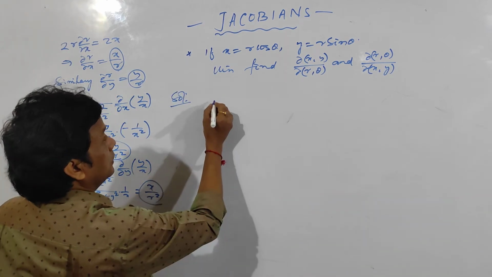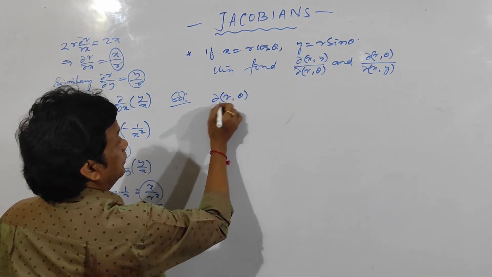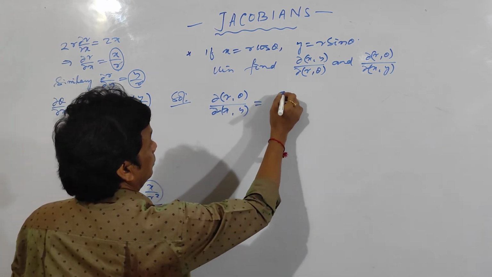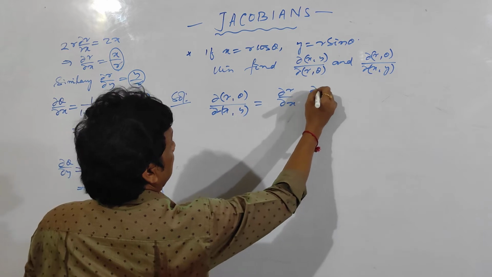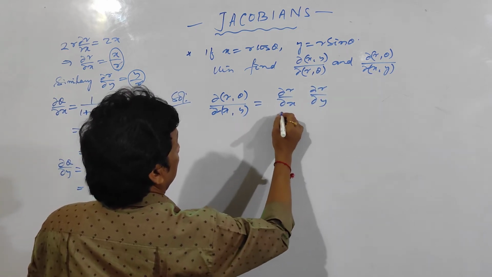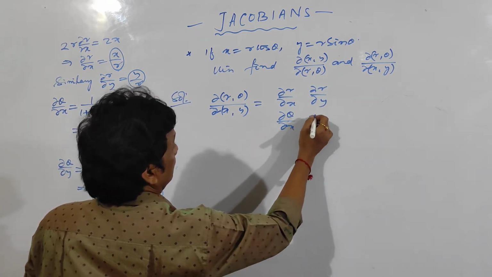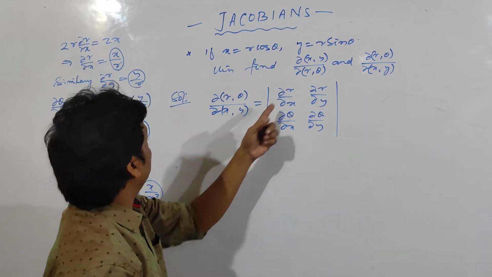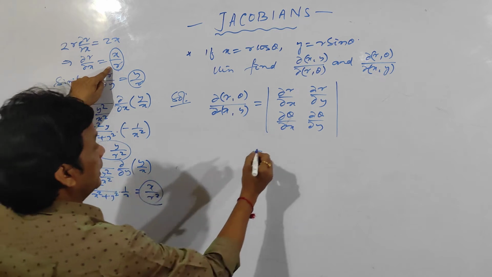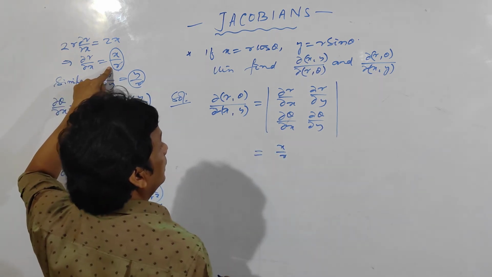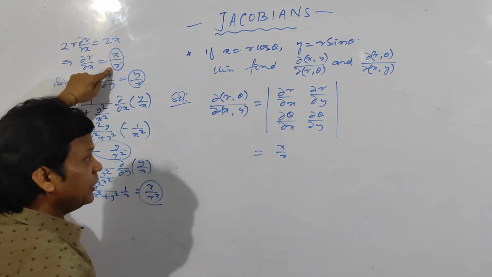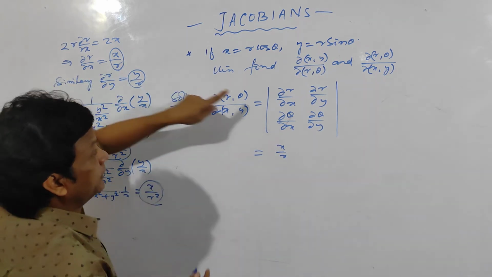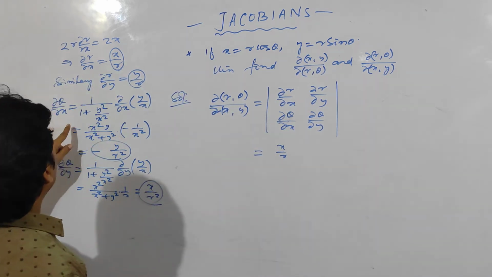See here. Del of r theta by del of xy is equal to del r by del x, del r by del y, and del theta by del x, del theta by del y. So what is del r by del x? X by r. Clear? And del r by del y, what is it?